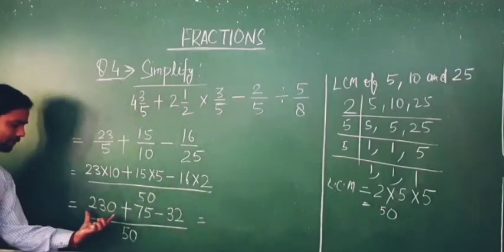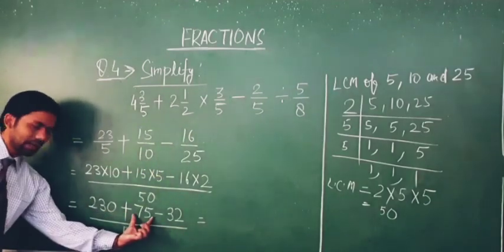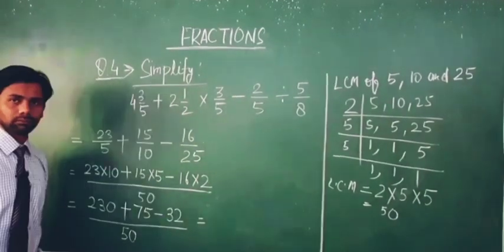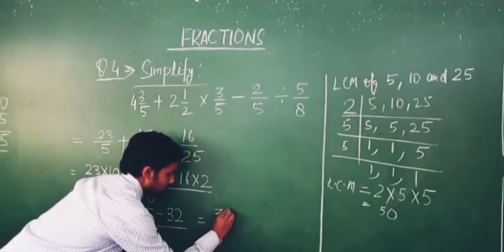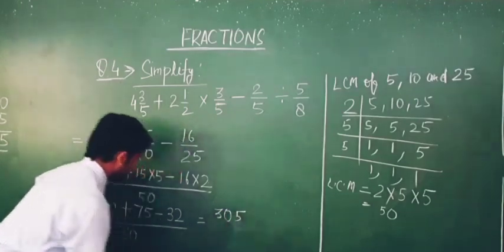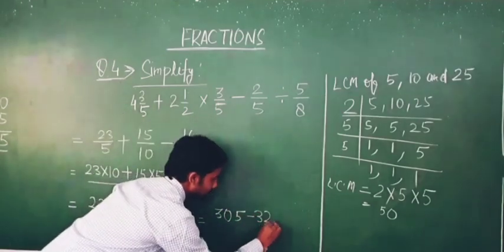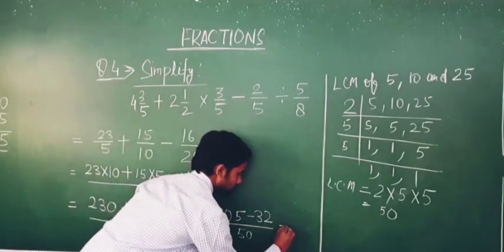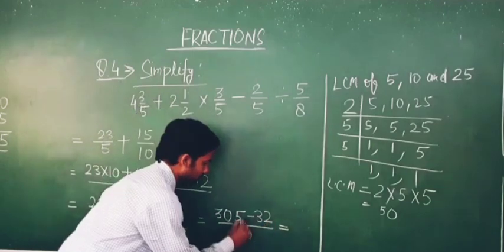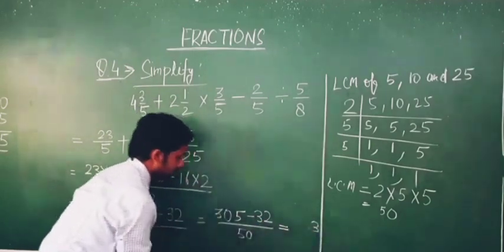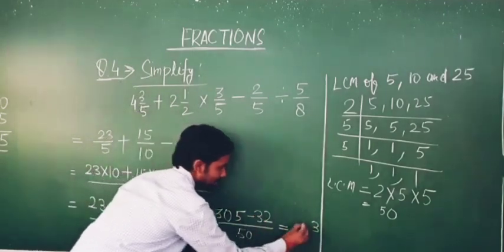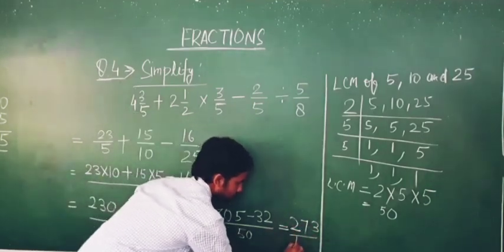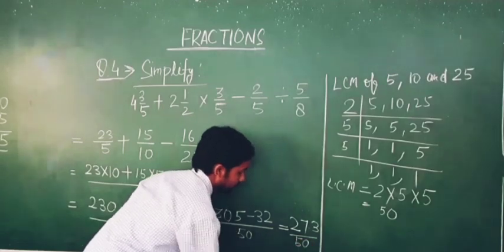Then first we add 230 and 75: 305 minus 32 upon 50. Then 305 minus 32: 5 minus 2 is 3, 10 minus 3 is 7, and here 2, upon 50.